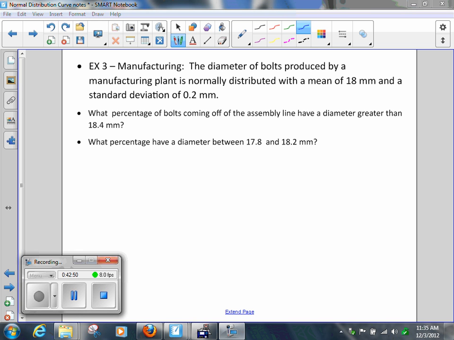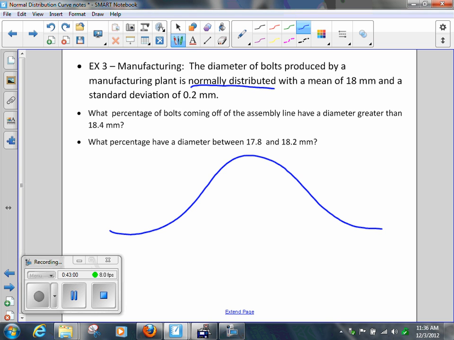All right, so manufacturing. It says the diameter of bolts produced by a manufacturing plant is normally distributed with a mean of 18. My mean's 18.